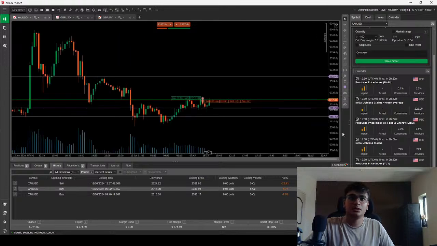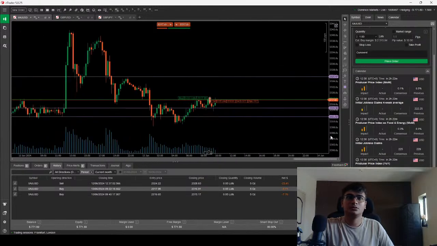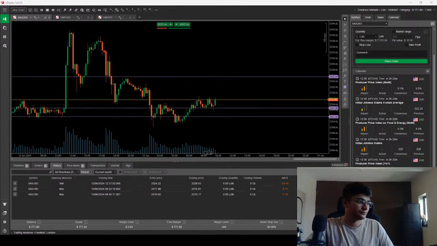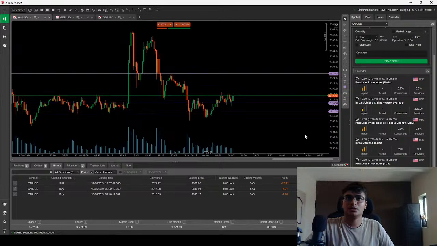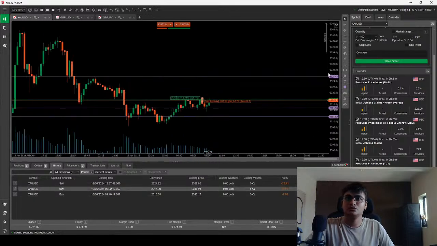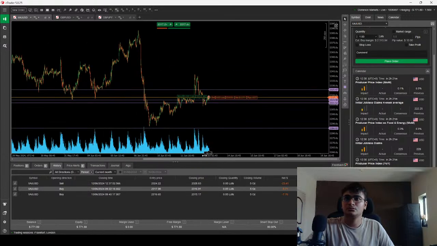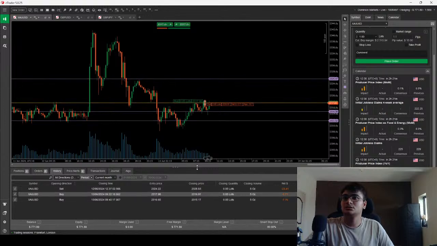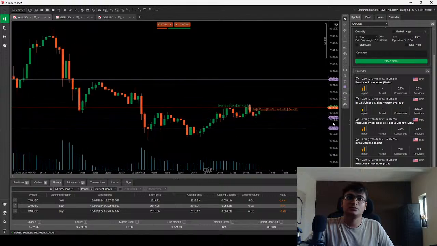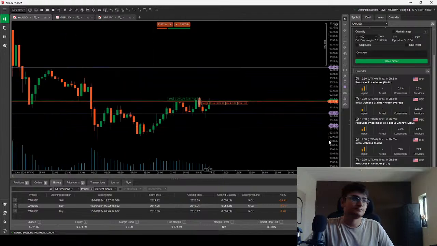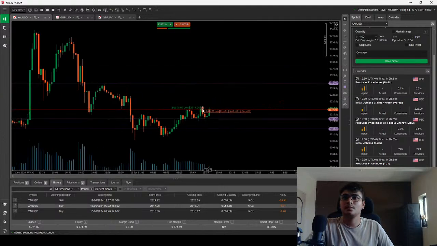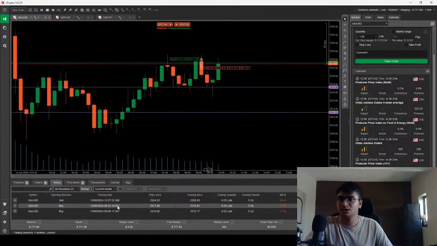Let me zoom in, or maybe go to the 50-minute time frame so I can explain a little bit better. So let me explain these trades.